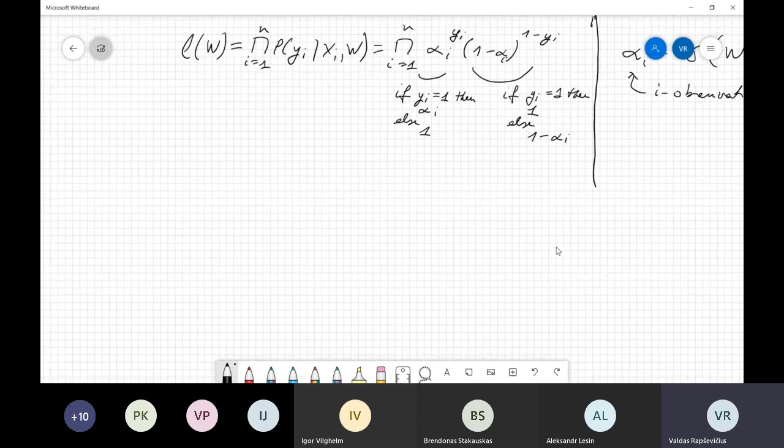Okay, so now the log likelihood. Log likelihood is a good thing because it doesn't have this nasty product term.